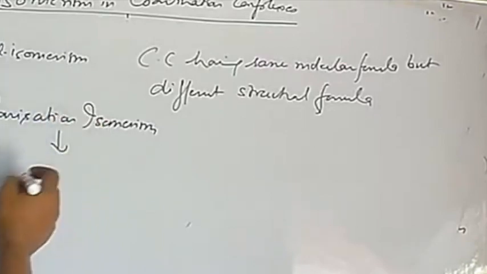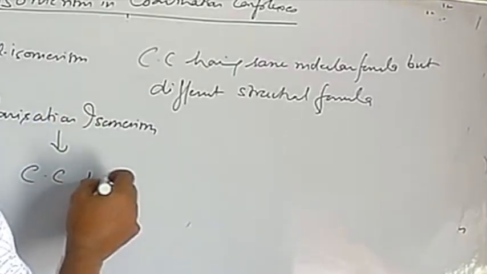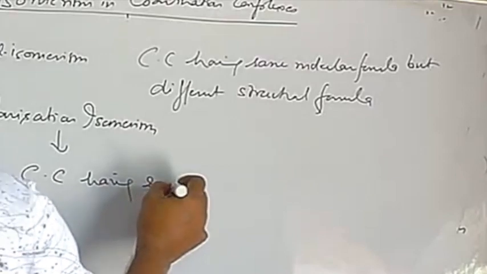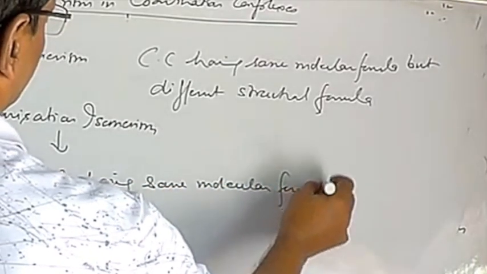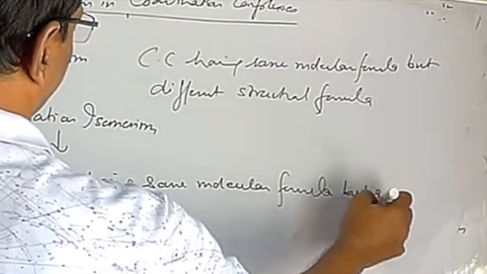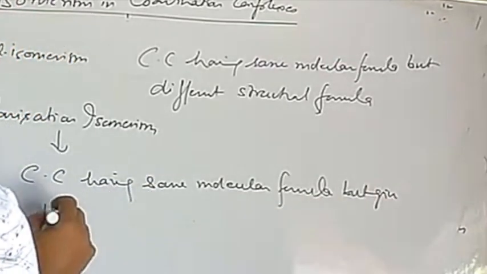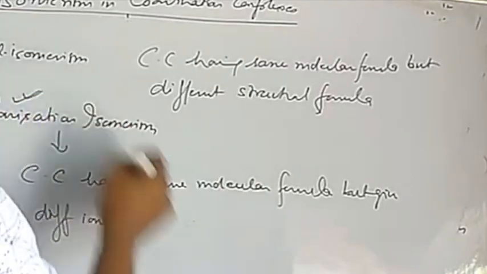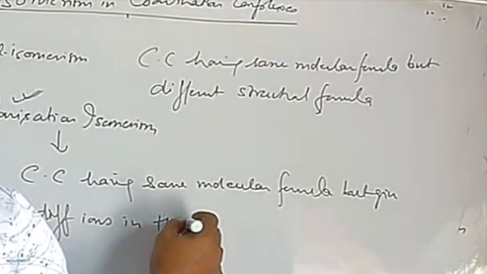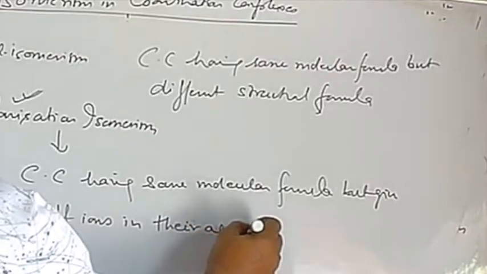Class, definition of ionization isomerism: coordination complexes having same molecular formula but give different ions in their aqueous solution. Very important, class. Different ions in their aqueous solution.